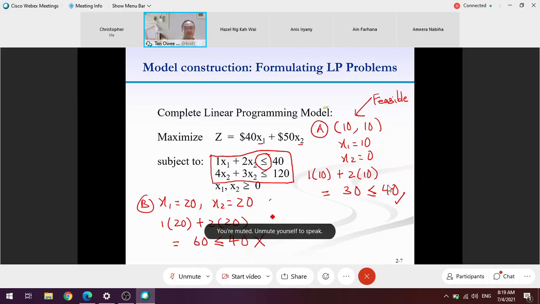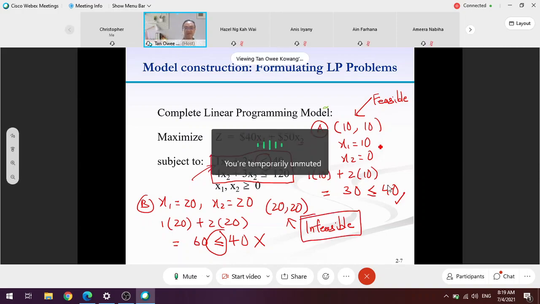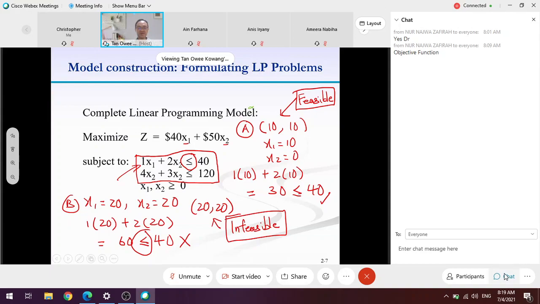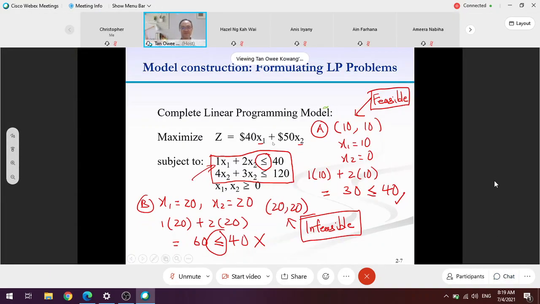As for 20 and 20, case B, when this set of numbers was replaced in constraint 1, it doesn't meet the condition of the constraint. Therefore, I say this point is infeasible. Clear? Is it clear? Yang lain clear? Jangan dengar Chris saja dah. Kalau Chris clear, you don't clear. If you're not clear, then you must let me know. So what I will explain here, in fact, is in the slide.